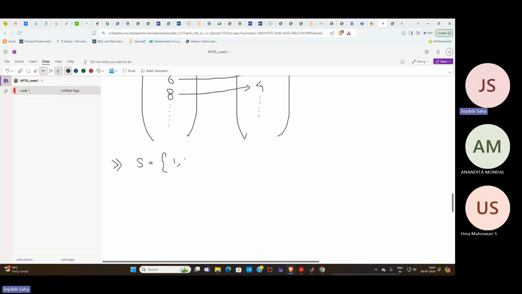Like 1, 4, 9, n squared, and so on. The question is, is it countably infinite?